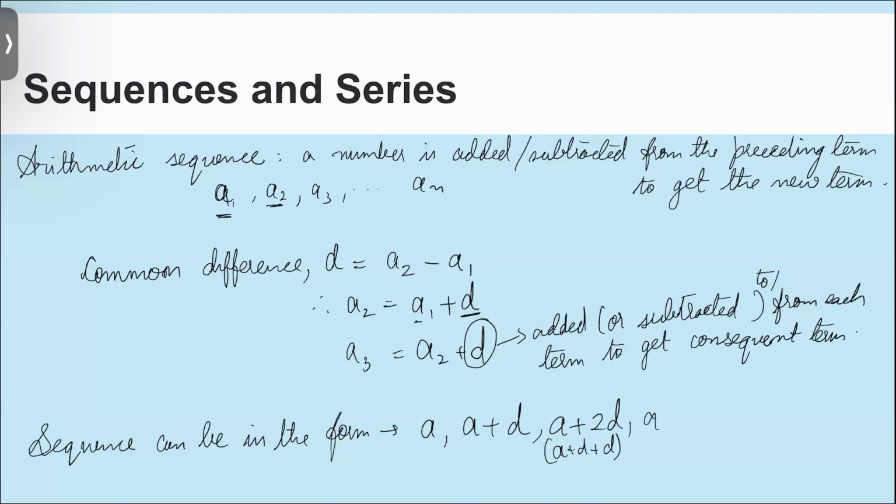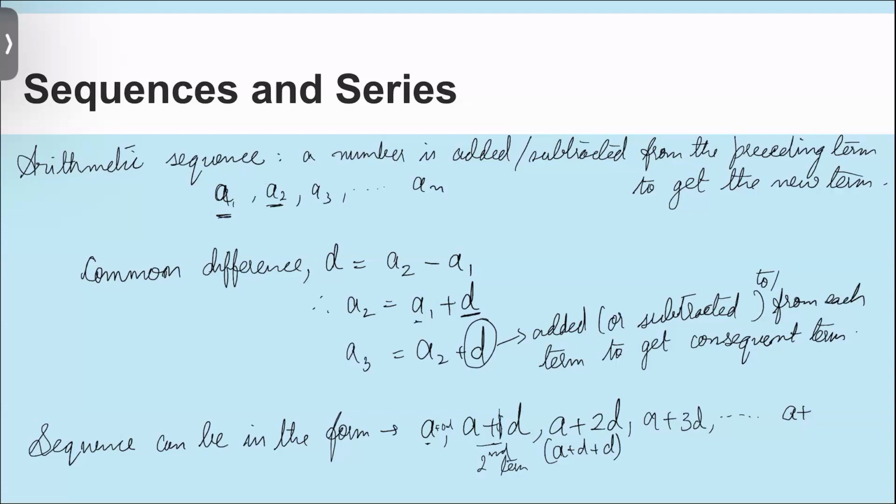Similarly, you have A plus 3D, and all the way up to A plus. Now you see that the first term has no D, so this is plus 0D. Then this is 1D, 2D. So the second term has only 1D.